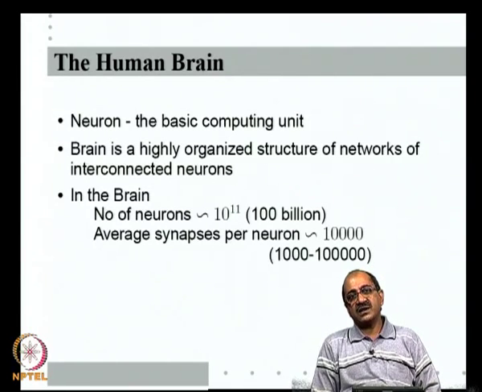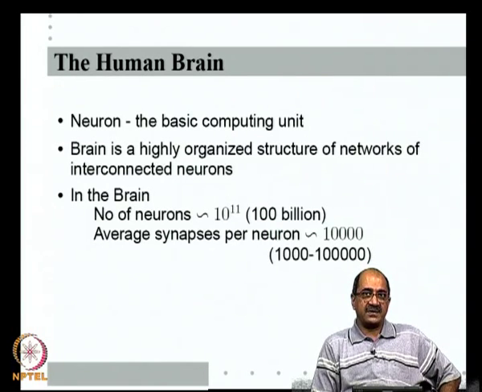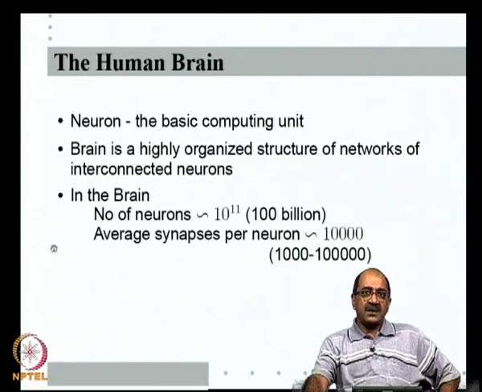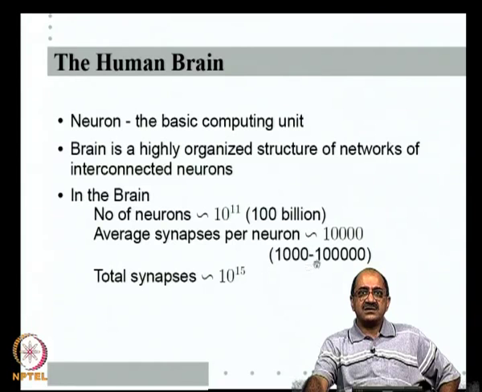So, of the order of about 10,000 synapses per neuron, that is the amount of fan in a neuron has, and a similar amount of fan out a neuron has. Okay. And so, total synapses, taking 10,000 per neuron and 10 power 11 neurons, is about 10 power 15 synapses in the brain.